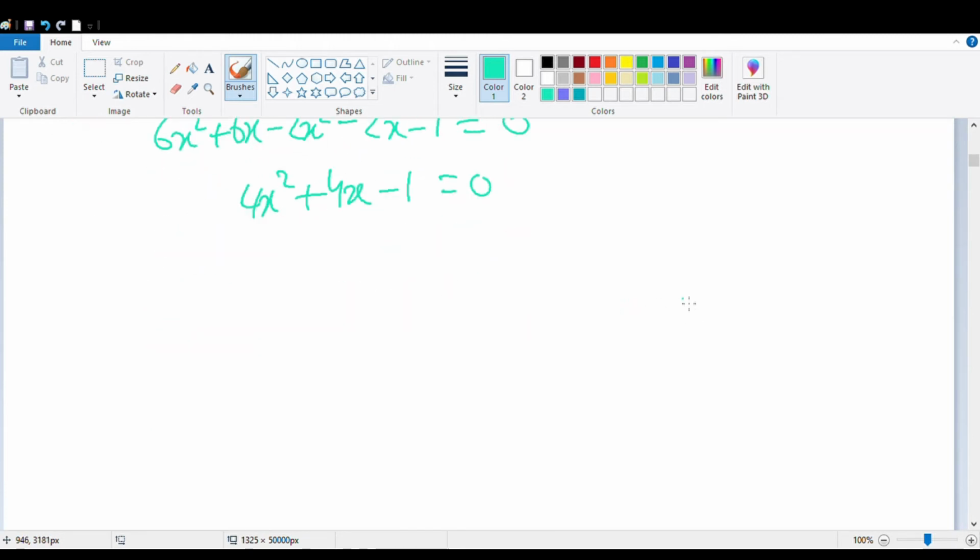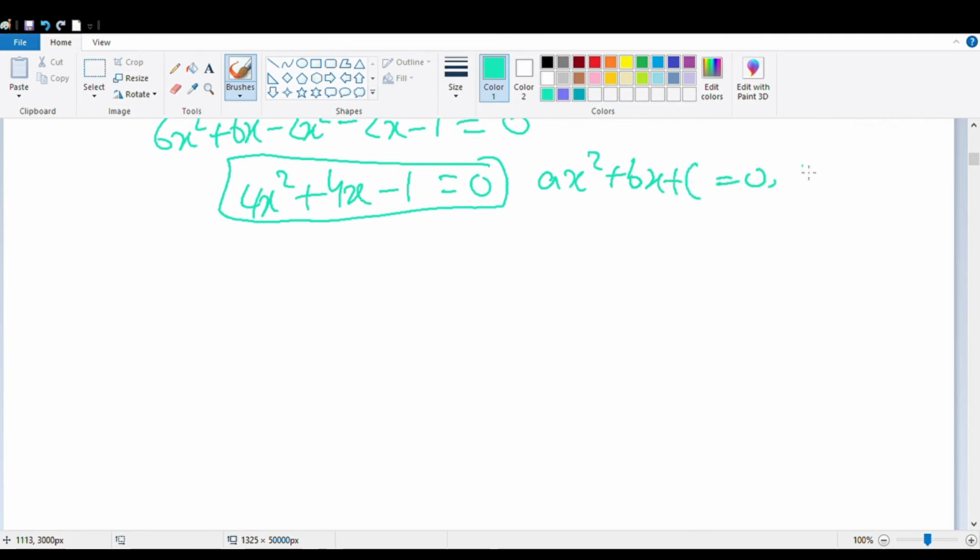And that is it. So here we have it in the form ax squared plus bx plus c is equal to 0. But a is not 0, and b isn't either. So since b isn't 0, it's not a pure quadratic equation.